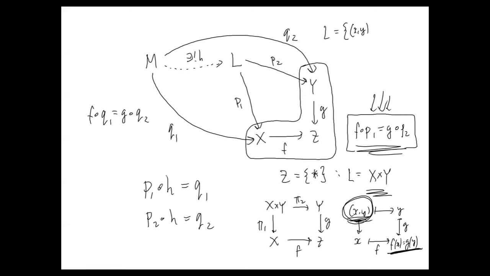I still will have to establish the universal property. If I only had special kinds of x, y's, then maybe everything would have been fine.